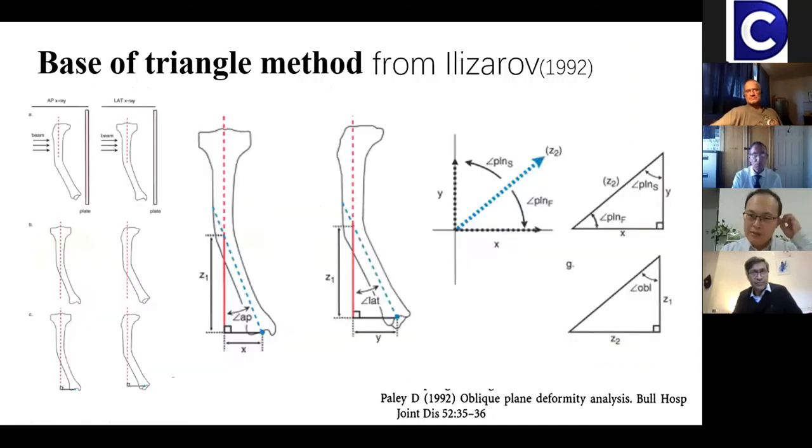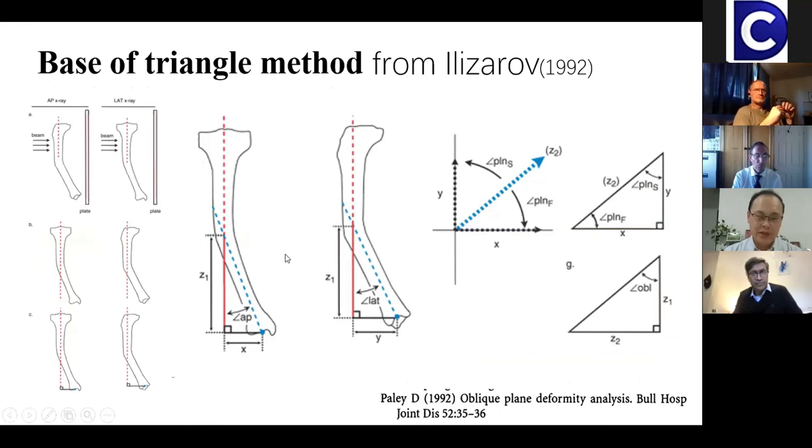Professor Ilizarov also knew that it was a little difficult, so he found another method for evaluating the oblique deformities. It's based on a triangle method, so we can call it like this.